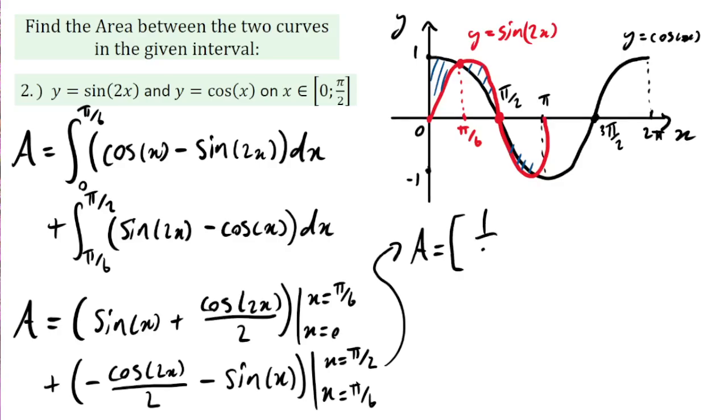And when we plug in pi over 6 into cosine 2x over 2, we are going to get an output of a quarter. So that's going to be plus 1 over 4. And this is going to be minus, right? Because now we need to deal with x equals 0. Note that sine of 0 is equal to 0. And cosine of 2 times 0 is just cosine of 0, which is 1, and 1 over 2 is just going to be equal to a half.